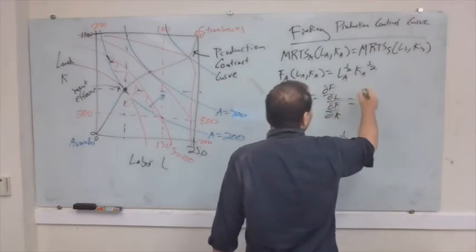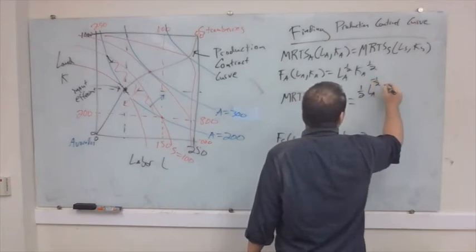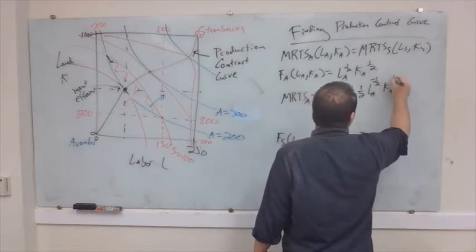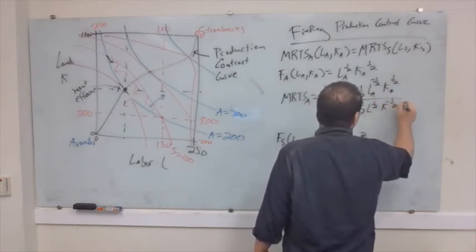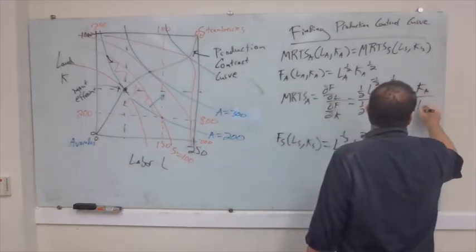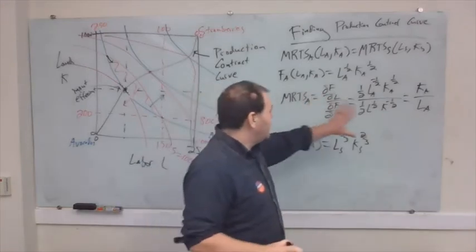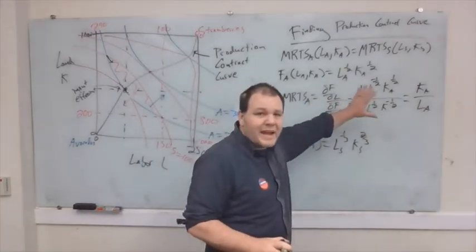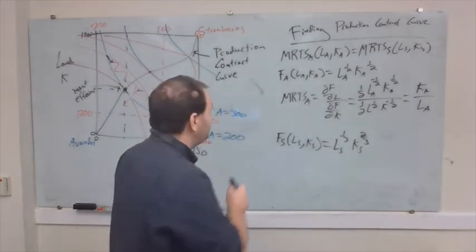So this is going to be 1/2 L to the minus 1/2 times K to the 1/2 over 1/2 L to the 1/2 times K to the minus 1/2. So this is just going to be K_A over L_A. I'm blowing through this quickly, but hopefully you can take a minute to practice this yourself if you're still having trouble doing this, which is totally reasonable, by the way.